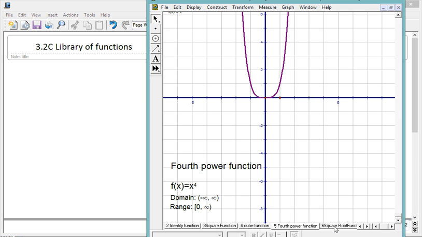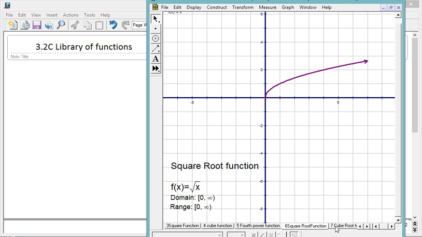Now we'll look at the root functions. Okay, so first of all, the square root function. F of x equals the square root of x. Notice that it's kind of like half a parabola laying on its side. And as we go through this term, we'll see a lot more why that is like that.